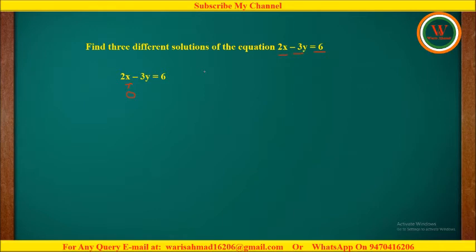We have the equation 2x minus 3y is equal to 6. On the place of x we are going to put 0. So here 2 will be as it is, multiplied by 0 in the place of x, minus 3y is equal to 6.